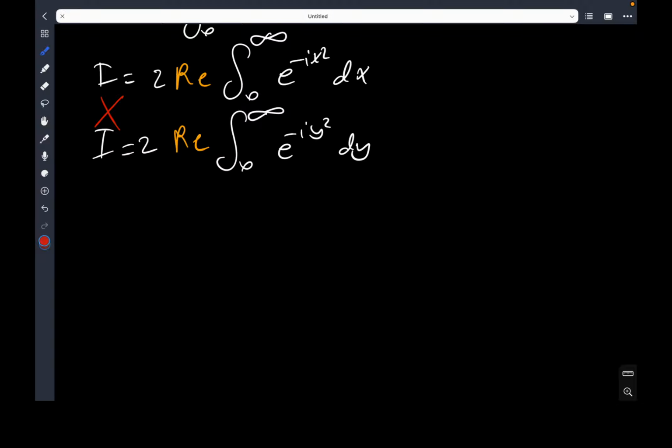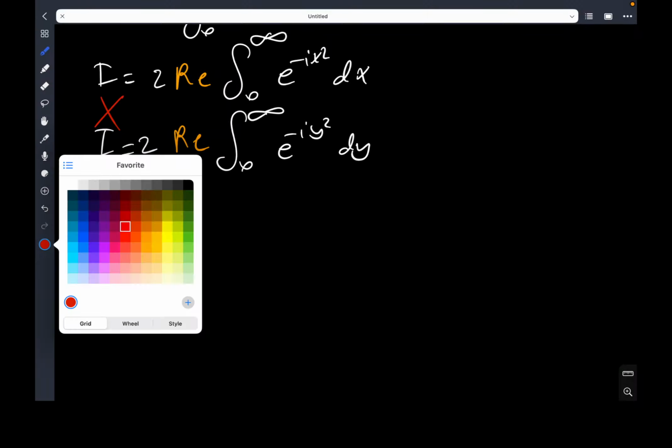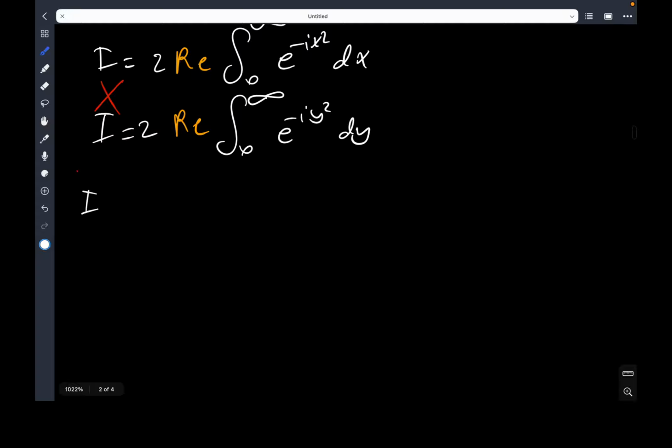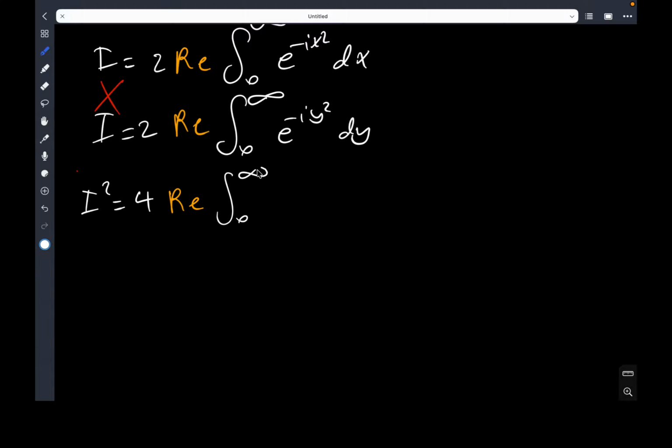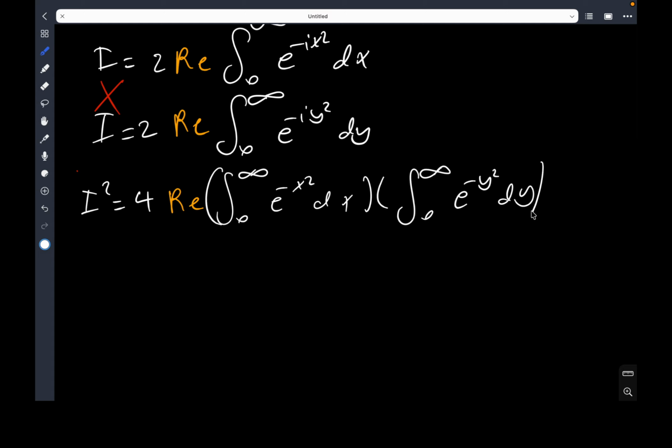Thus I squared equals, for the real part of, the integral from 0 to infinity of e to the negative ix squared dx times the integral from 0 to infinity of e to the negative iy squared dy.